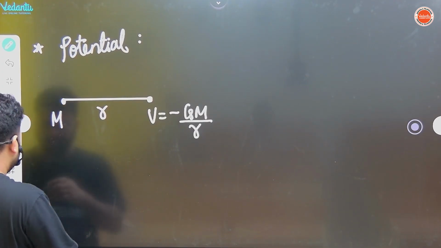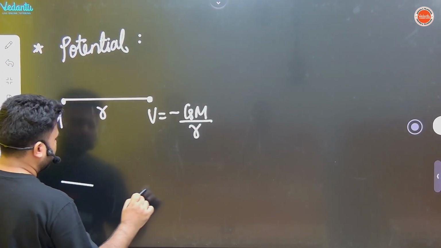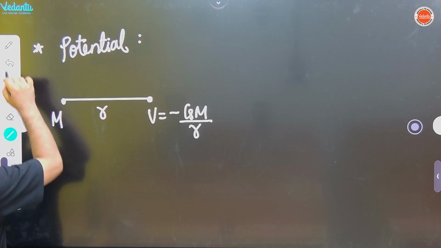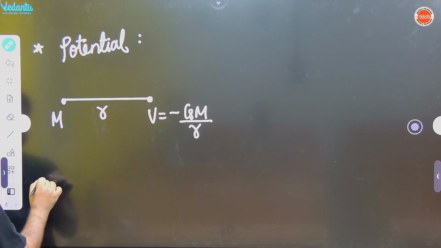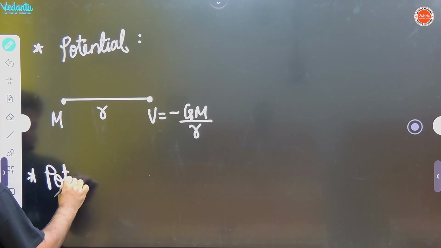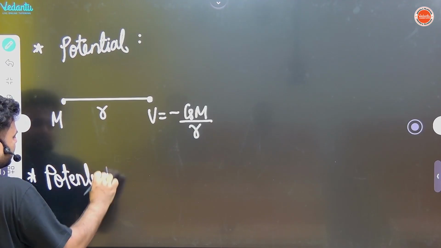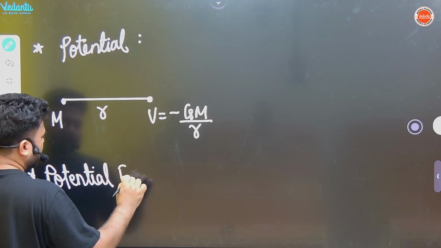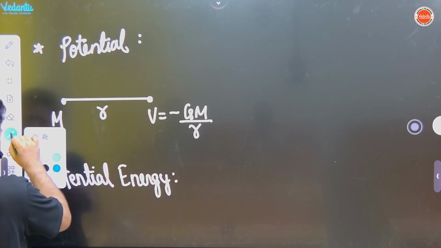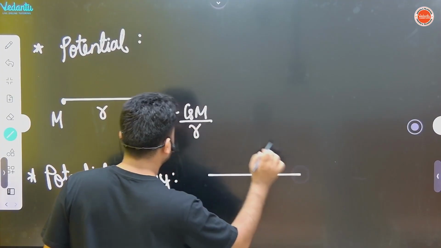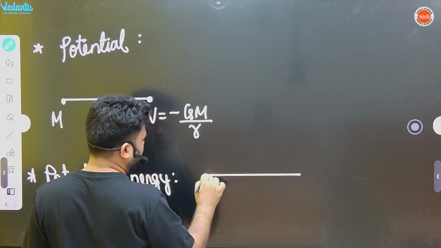Correct. They can give after that potential energy. This is more important. Potential energy. And this you try to understand. Suppose we have a two mass system. This is mass 1.